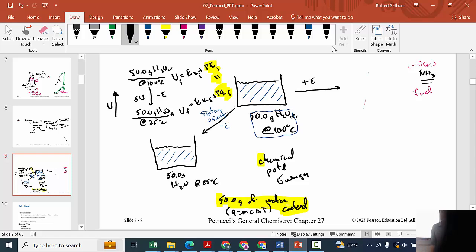And so it depends. Here, if we add energy, we have boiling. Water boils.